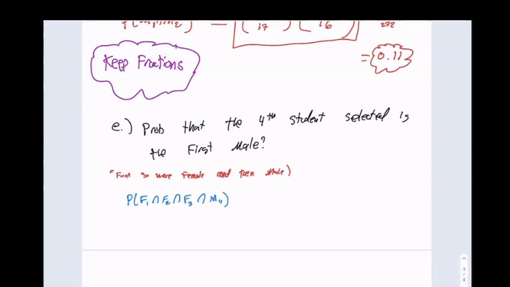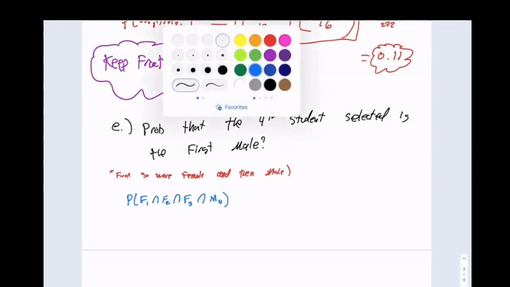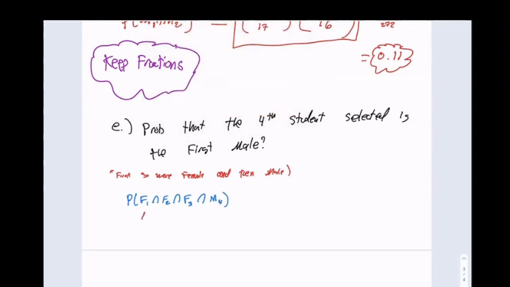Now, order is important on this one. So the reason why I use these numbers on the bottom, they are numbered because order matters. The order in which they're selected does matter. So that's why I put the 1, 2, 3.